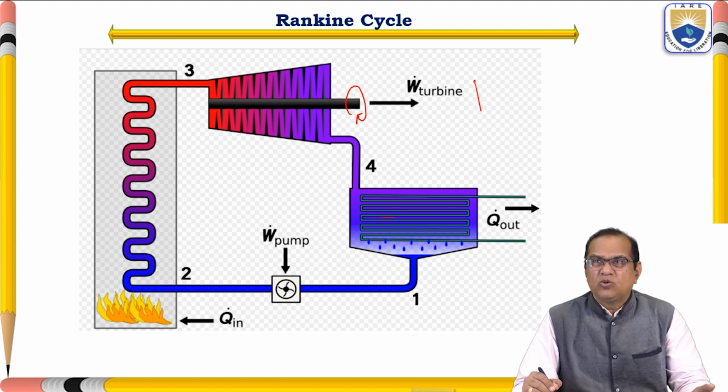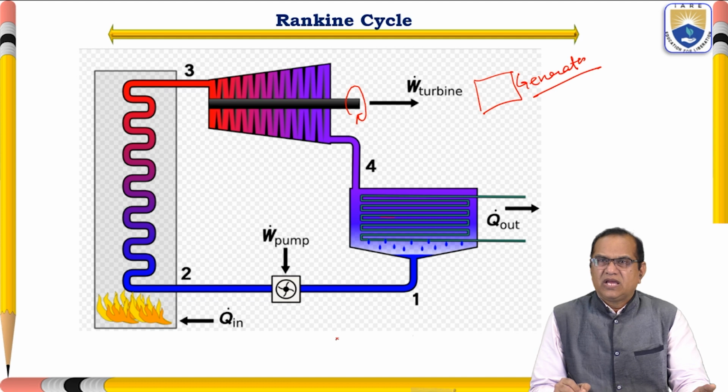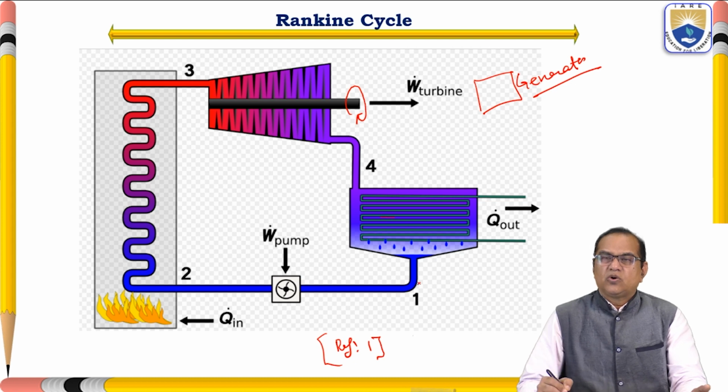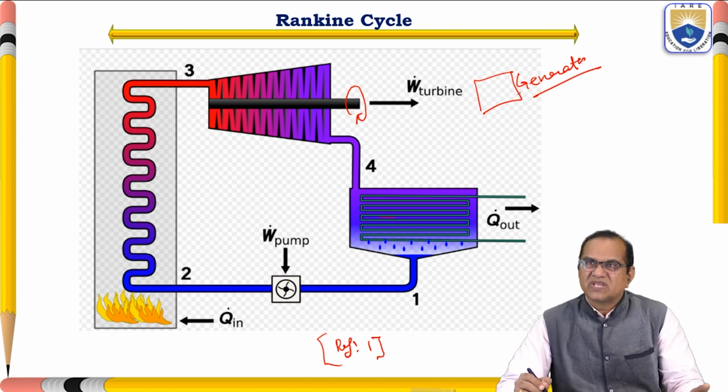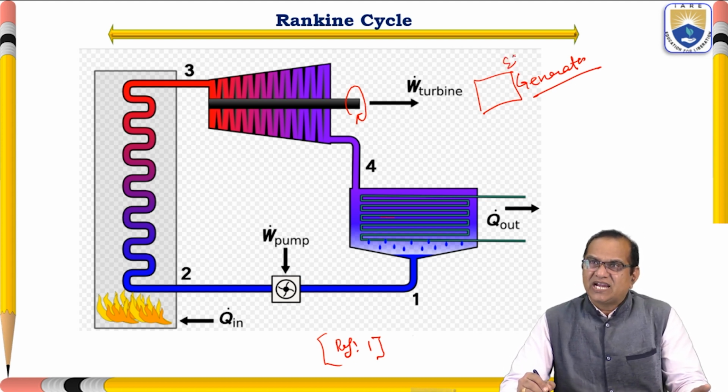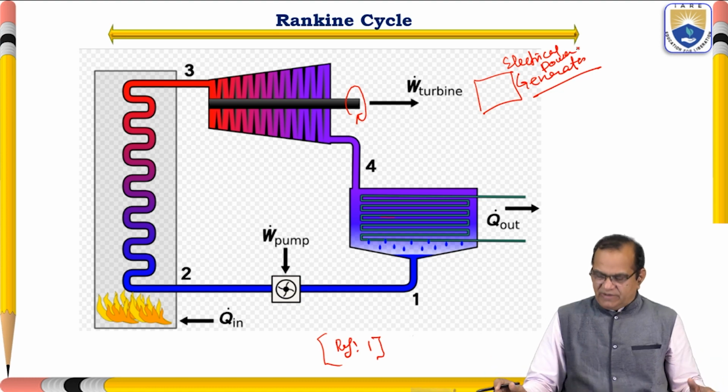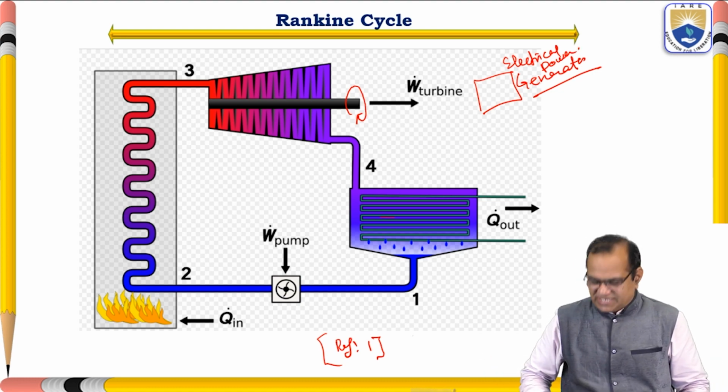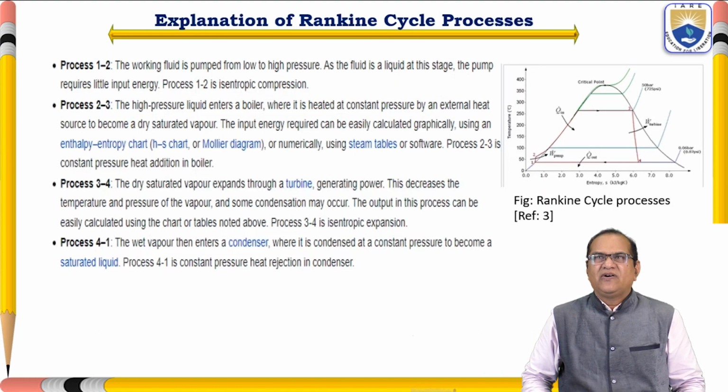If you connect a generator here, then we can get electric power by the help of this. And this is a very old system. Nowadays, so many modifications are used in this type of system.